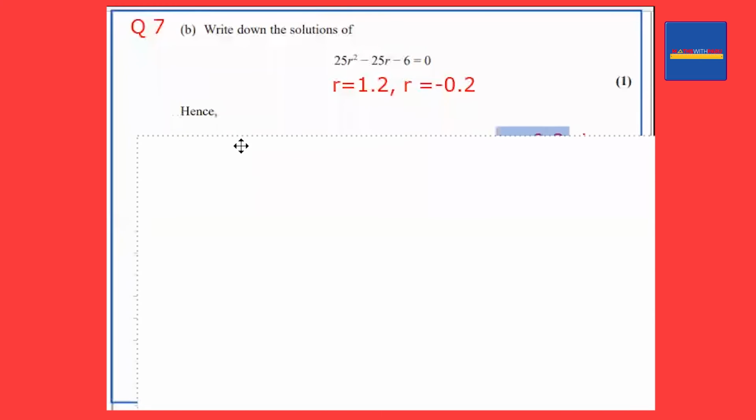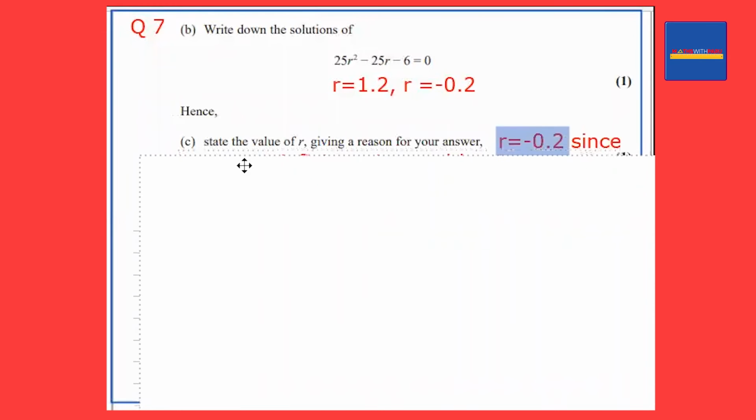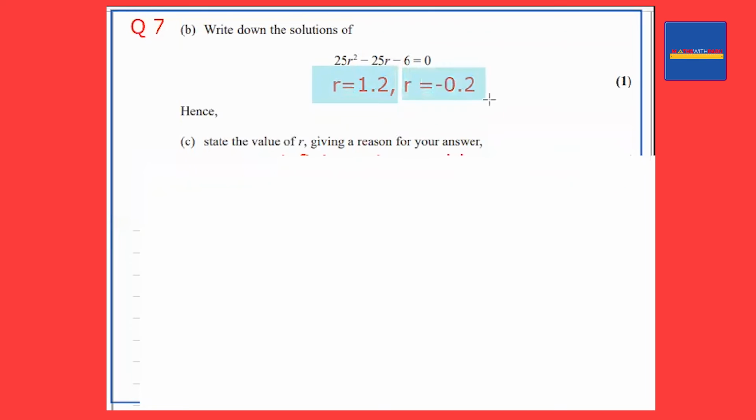Let's move on to the next part of the question, which says, state the value of r, giving your reason for the answer. So now we have two options. We have r is equal to 1.2, and we also have r is equal to minus 0.2. Now keep in mind that we were given an S infinity. We only have a sum to infinity if the absolute value of the common ratio, which is r, is less than 1.